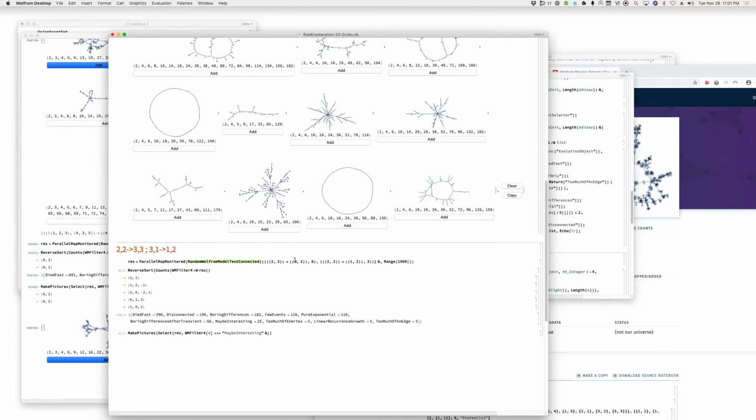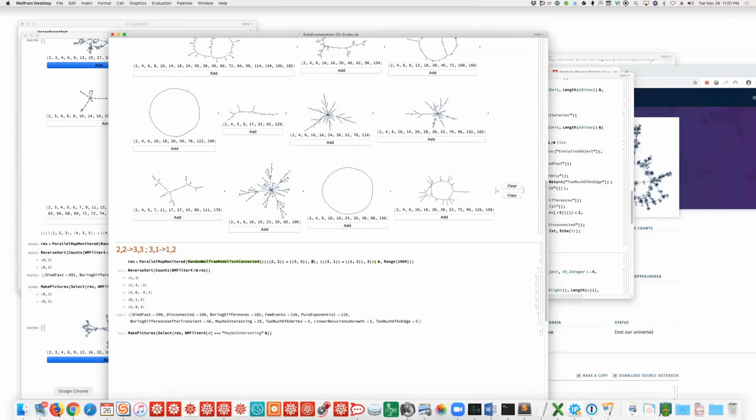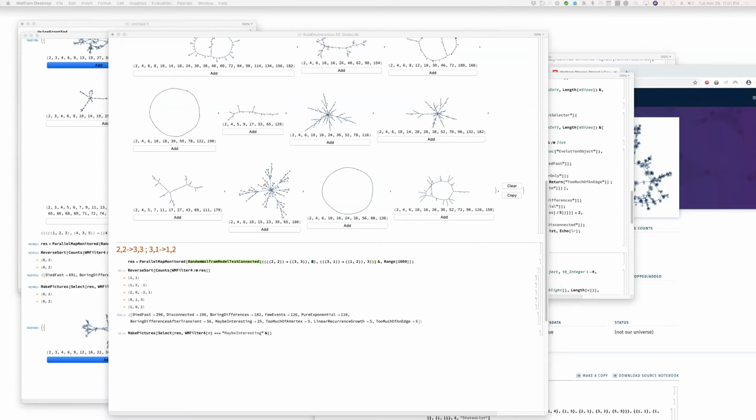You tell me the symbol counts. 4, 6, 6 on the left-hand side. I mean, the first rule is 6. 3, 1. Where did 1 come from? Oh, I'm sorry. I meant 1, 3. Okay.